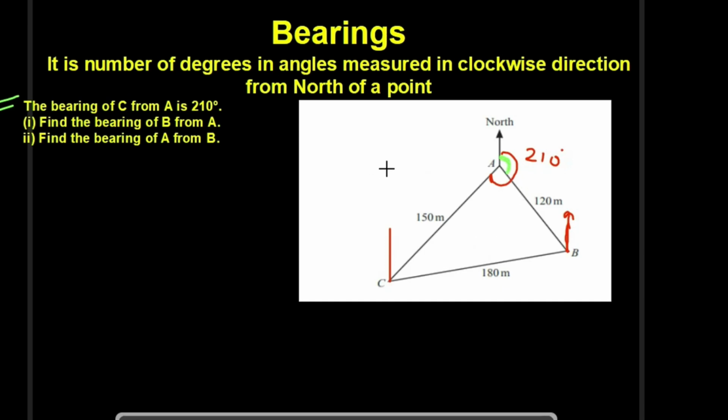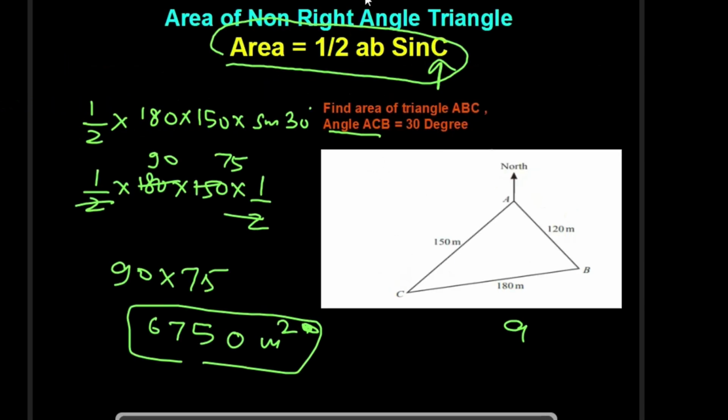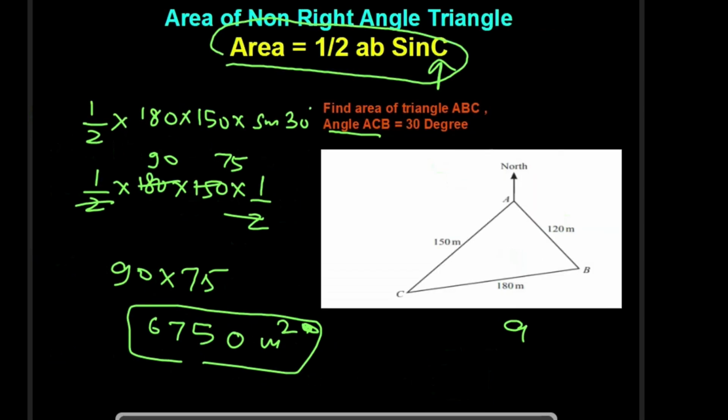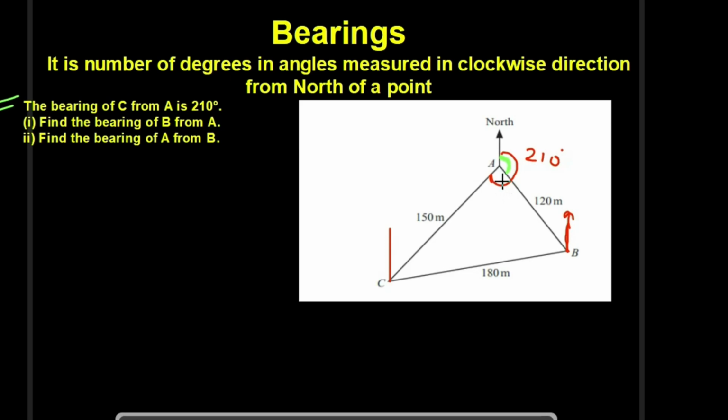So from the previous question, let me go to the previous one, cosine rule, we calculated the angle as 82.8, right? So you can go ahead and use the same thing to first find this angle, which is 82.8 degree. Now our requirement is this angle.